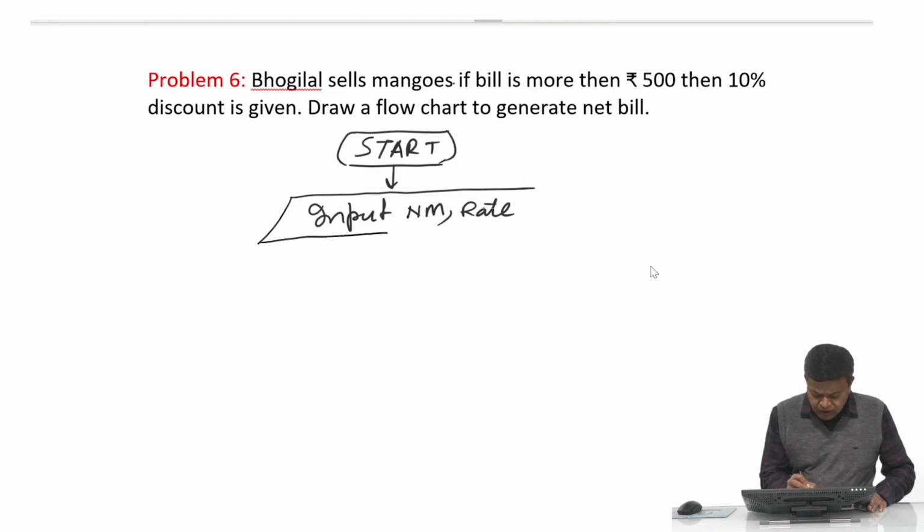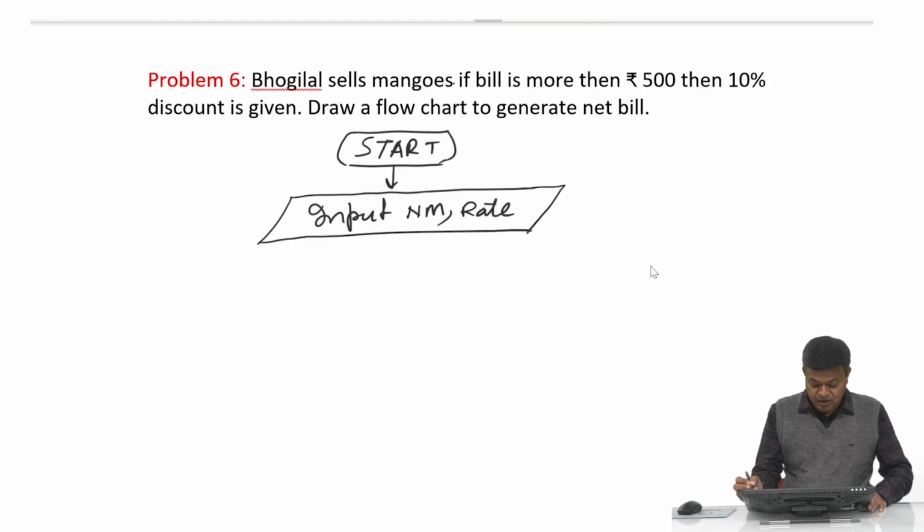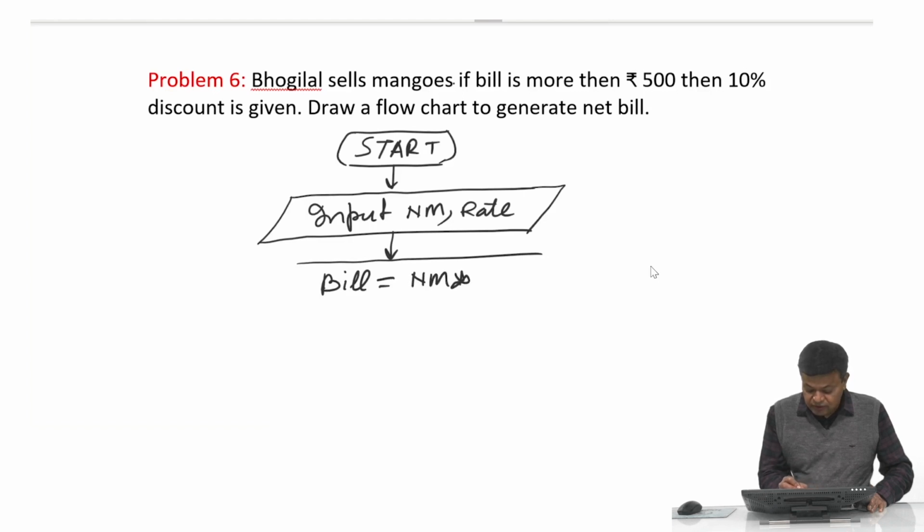So, first of all I will be inputting number of mangoes and rate per mango. So, this identifier NM is for number of mangoes and rate is for rate per mango. See, once we know these two things, then we can calculate our bill. What will be the bill? Bill is equal to number of mangoes into rate per mango. Okay.